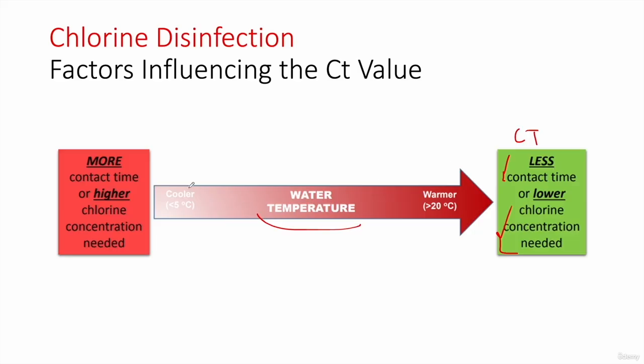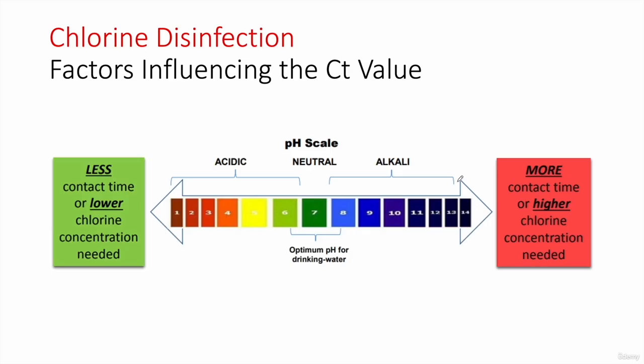The cooler the water, the more contact time or higher chlorine concentration will be needed. So CT will be high, whereas CT will be low for warm temperatures. For the pH, if my water is basic or if I have high pH, I will need more contact time or higher chlorine concentration. CT will be high.